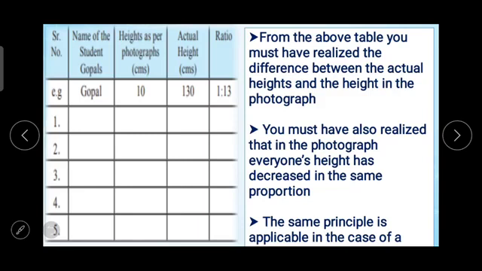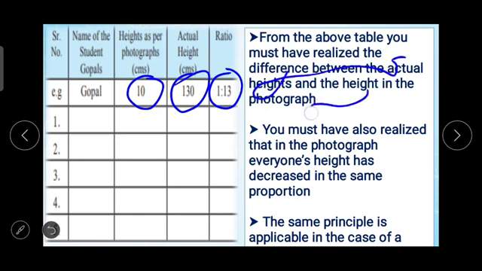Now what we understand from this: Gopal's height as per the photograph is 10 centimeters, actual height 130 centimeters, and the ratio is 1:13. So from the given table we have realized the difference between the actual heights and the height in the photograph.